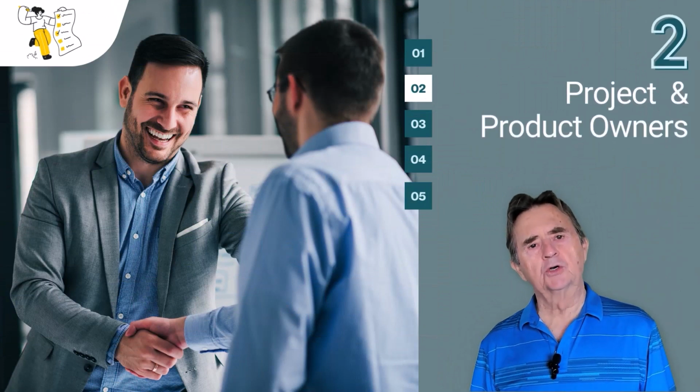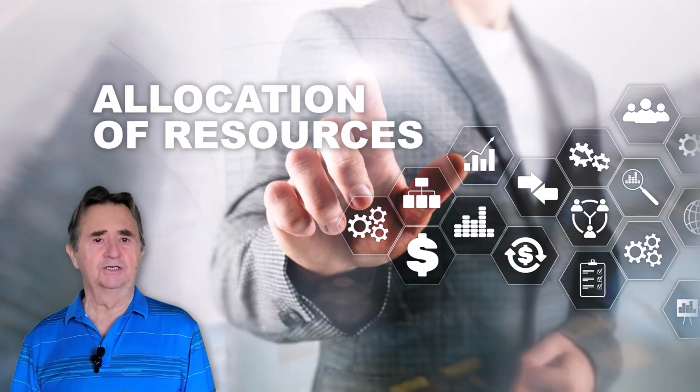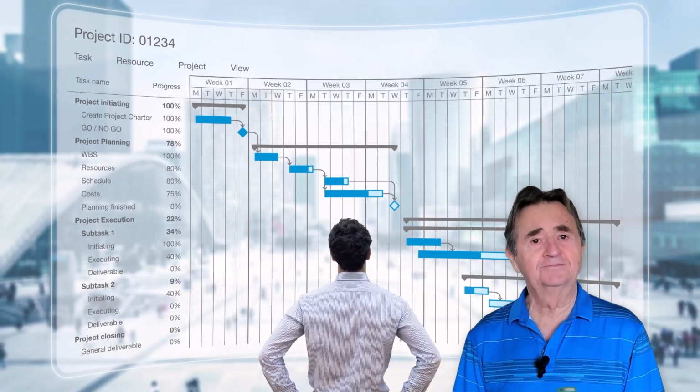Project and product owners need requirements to plan, monitor, and control the resource allocation, scheduling, and budgeting with realistic milestones. They also provide a framework to address changes in the product scope, minimize disruptions, and keep the project on track.